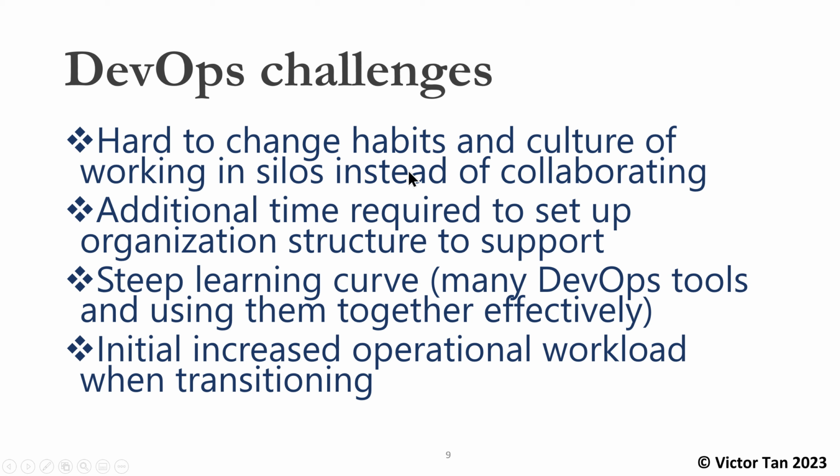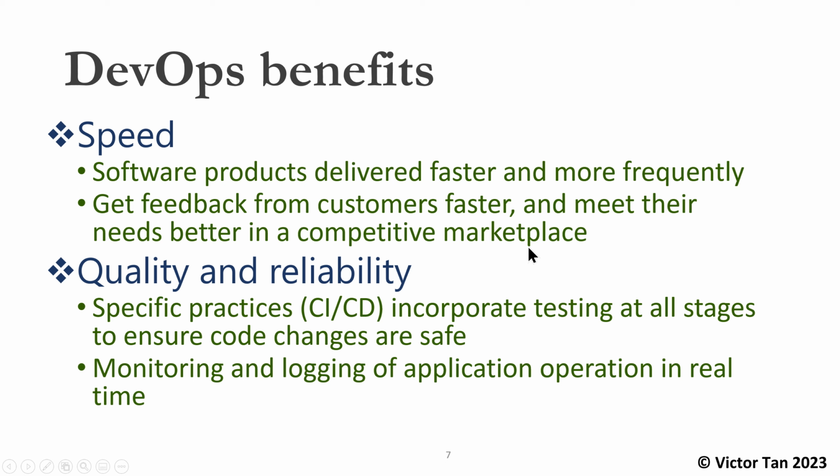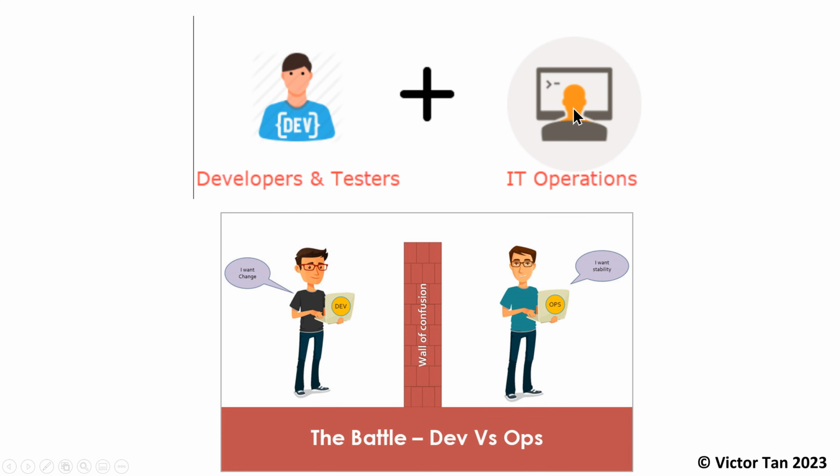Okay, so now let's assume you can change your mindset and culture. Well, then the other problem is you need to set up the organization structure to support DevOps. Because in DevOps, you no longer have a separate IT team and a separate developer and testing team. You just have one single team that consists of developers and IT people that are going to work together for one single product. So you have a product-centric team.